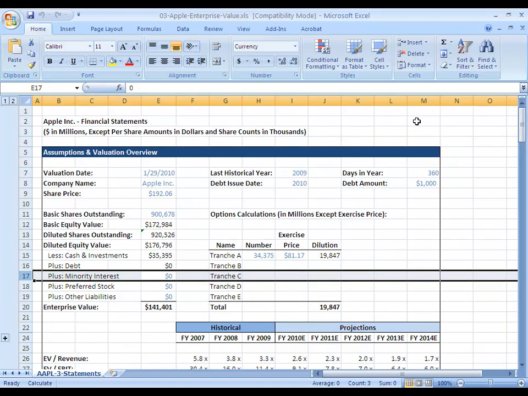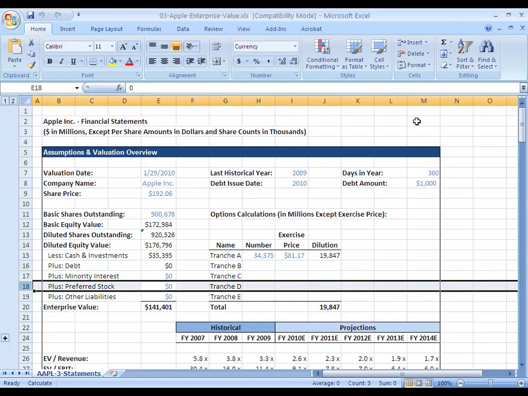So in the minority interest here, if we own 60% of a company, then for the minority interest, we need to add in the value of the 40% that we do not own. And that's why we add that in, to do an apples to apples comparison. Because if we're showing a company's financials in ours, then we want to also be showing the company's value in our enterprise value. That's why we add in minority interest here.